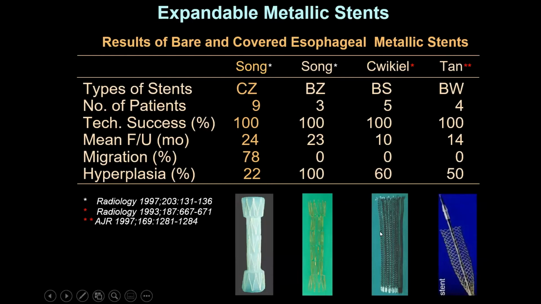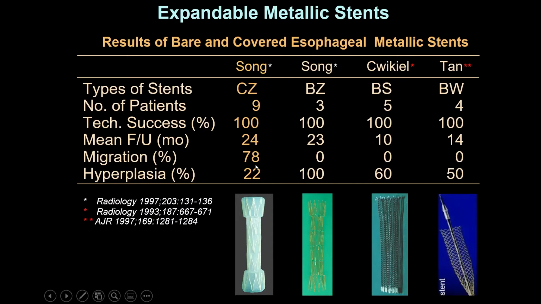This table shows the result of bare and covered esophageal metallic stent placement. This column is the result of covered stent placement. These three columns are the result of bare stent placement.